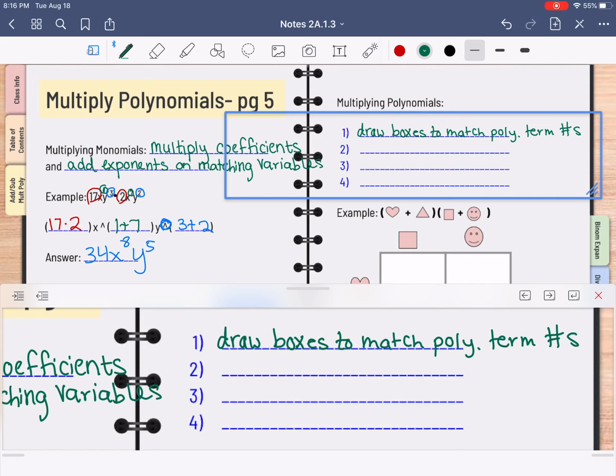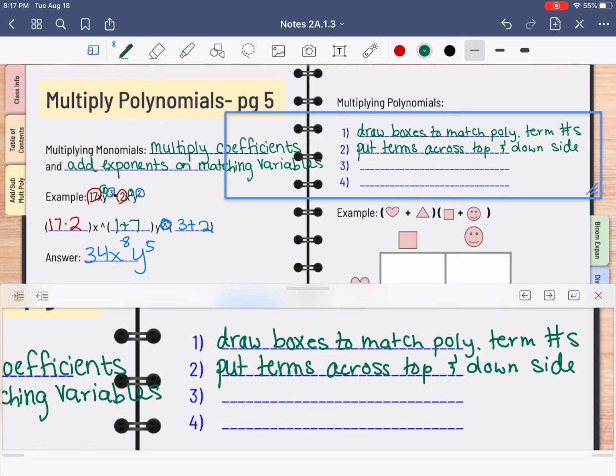If you were multiplying a binomial with a trinomial, you'd have 2 times 3, so it'd be 6 boxes total. Step 2 is you're going to put your terms from your polynomials across the top and down the side, one for each box.